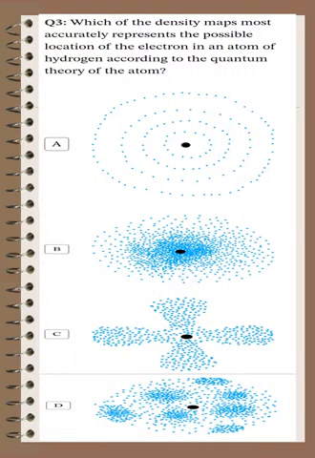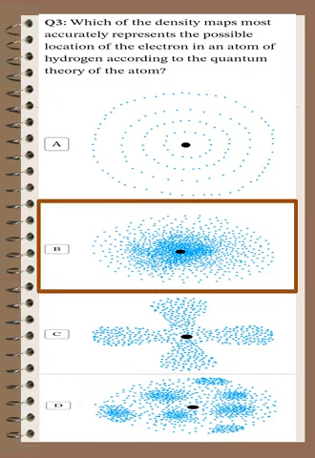Third question here. We have a drawing. Which of the density maps most accurately represents the possible location of the electron in an atom of hydrogen according to the quantum theory of the atom? It will be discussed that all the matter is not concentrated in the center. It means that the drawing will be number B, or the choice will be number B. Question 4.